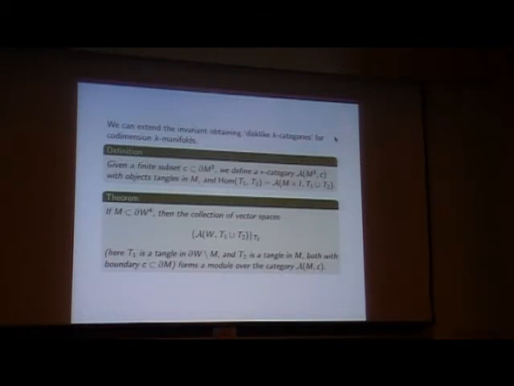You just take A of the 4-manifold with the two tangles in the boundary, and it's easy to see that this forms a module over the category associated to M. That's just saying if you have a labeled lasagna diagram in W, you see M sitting on the boundary somewhere, you can paste on a labeled lasagna diagram in M cross I, and then use a little Cerf isotopy to get back to W. Given an element of the vector space of W, a morphism in this category gives you a new vector in this vector space.